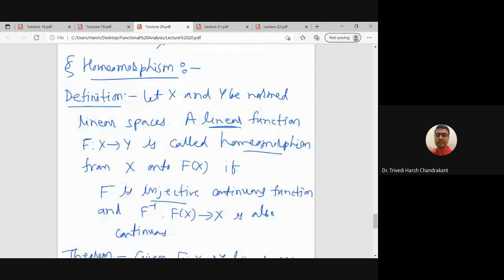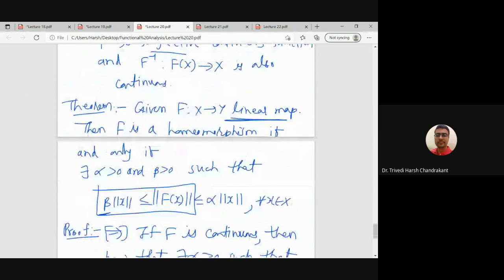So this is the first theorem: f is linear and it is a homeomorphism if and only if there exist alpha and beta such that the linear function f is bounded above by alpha and bounded below by beta. Right. So that is the terminology we are going to use.